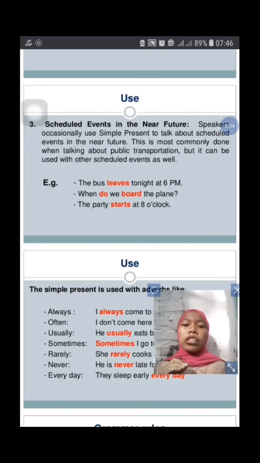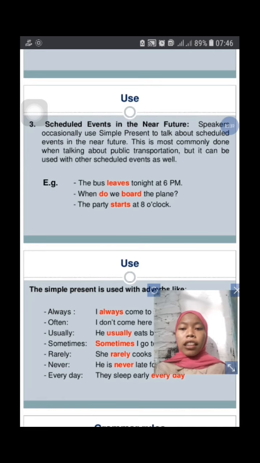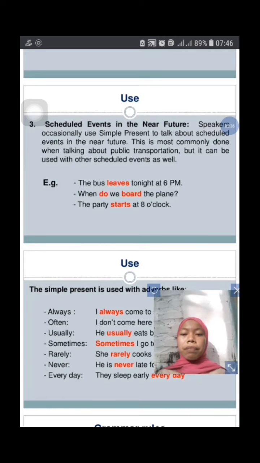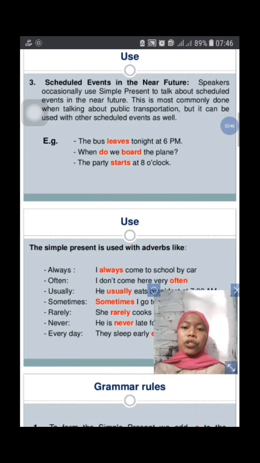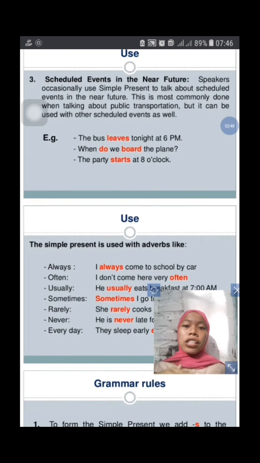This is most commonly done when talking about public transportation, but it can be used with other scheduled events as well. Example: the bus leaves tonight at 6 p.m. That scheduled event is in the near future. Okay, so we must use simple present tense.